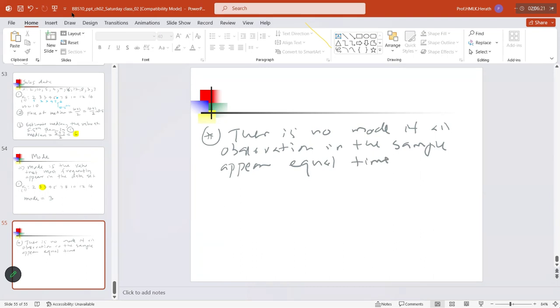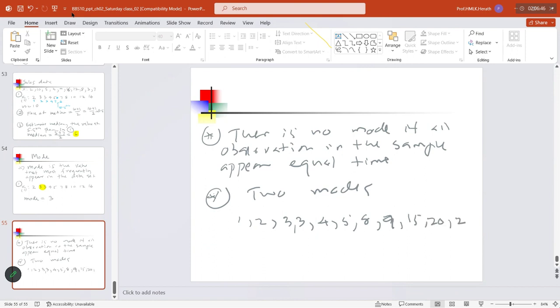Sometimes there may be 2 modes. Right? 1, 2, 3, 3, 4, 5, 8, 7, 9, 15, 20, 20. So now 3 and 20 appear 2 times.